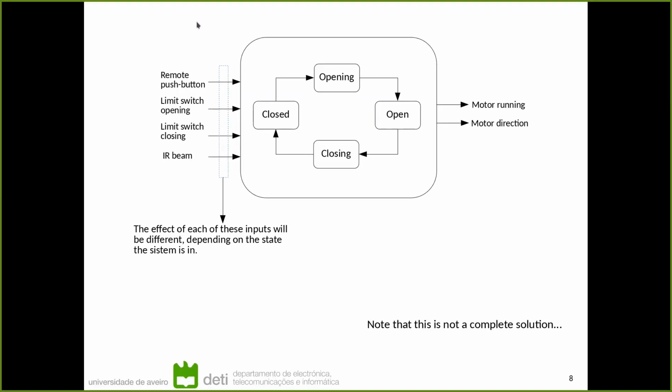One thing that you have to take into consideration when you are designing this kind of system is that the information that your embedded system, or any system you are designing, has comes from the inputs and nothing else.